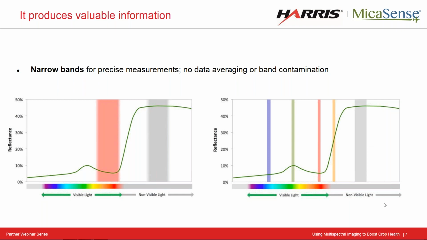If we start on the left side and work our way over, you see that blue reflectance is very low. Plants absorb more blue light than they reflect. At green, it jumps up a little bit. We see there's higher green reflectance. We can see this when we go outside in the summertime and see most plants as green, because most of that visible light is getting reflected back into our eyes.